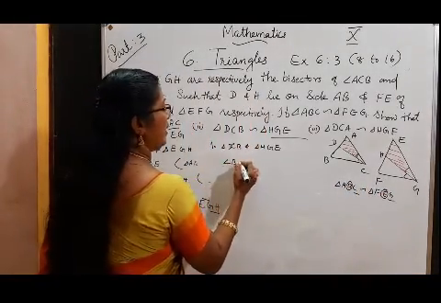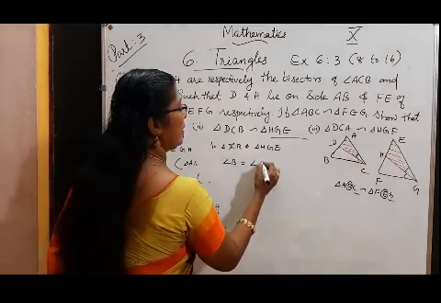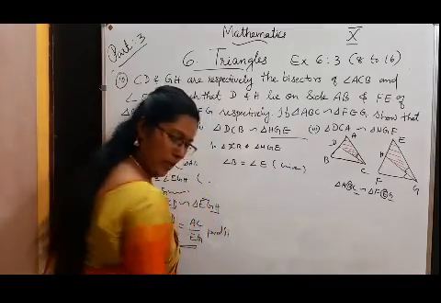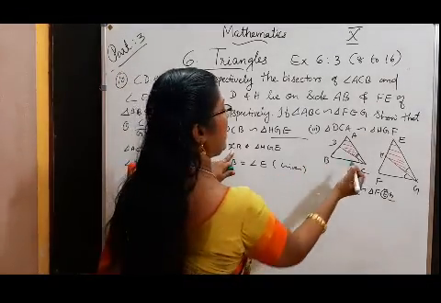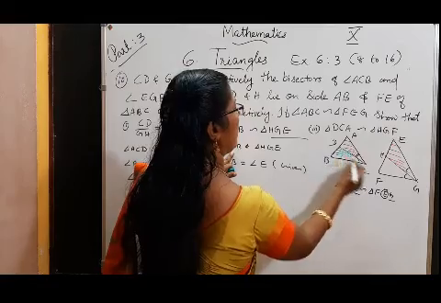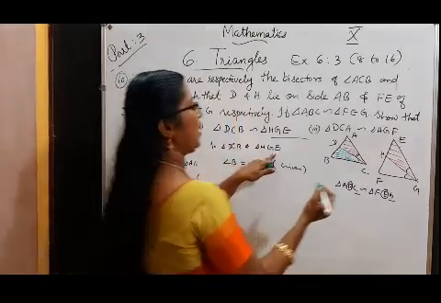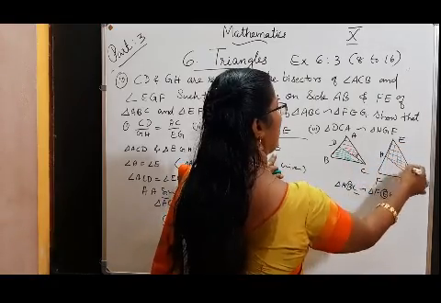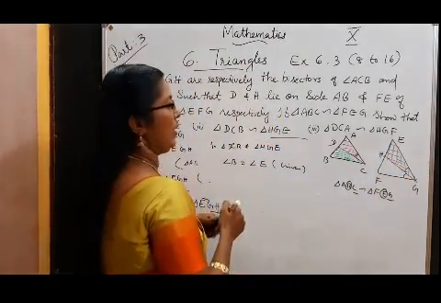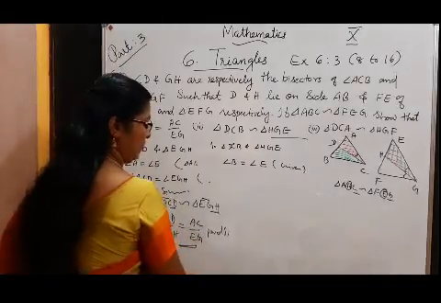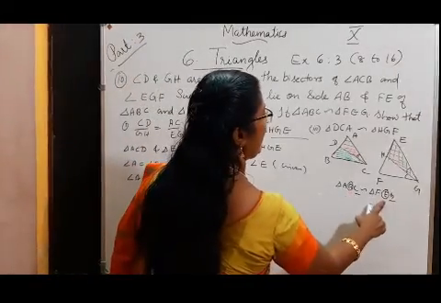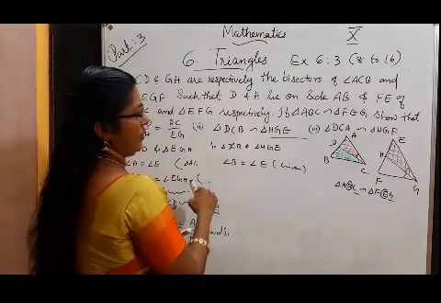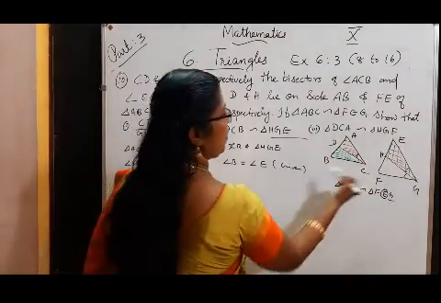Angle B equal angle E, given. Then the bisectors are also equal.